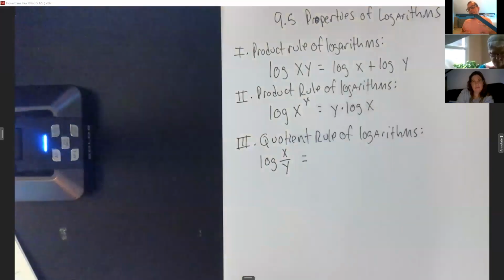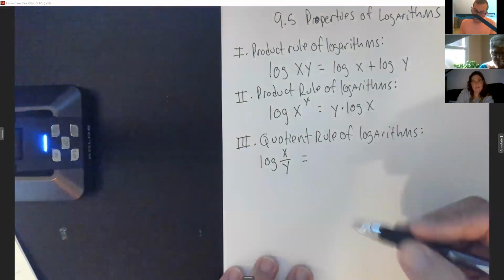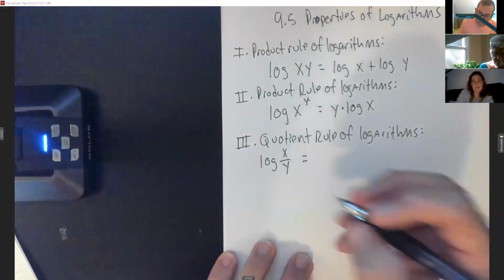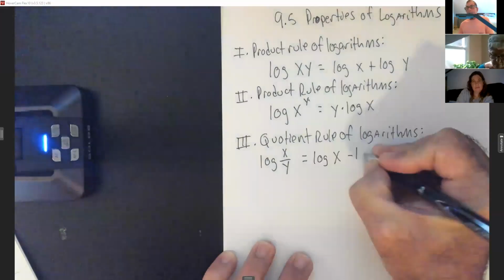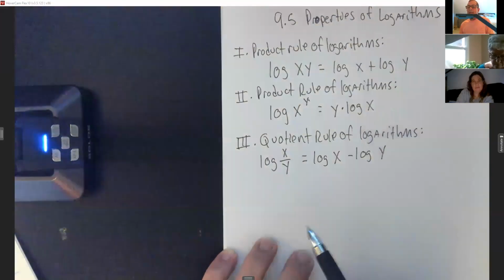If you remember, when you divided those variables, you subtracted the exponents. So the quotient rule of logarithms follows that, and we write it as a difference of logs. And it's always the top minus the bottom on these, okay?